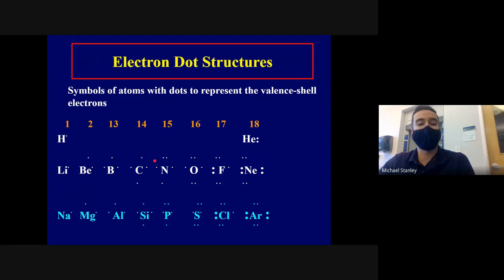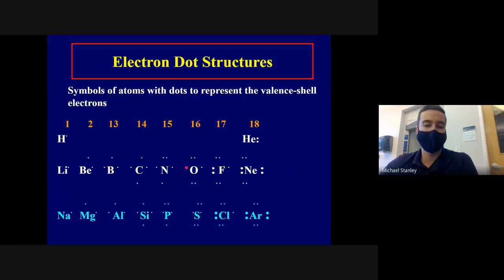This is just another way of showing atoms by showing their valence electrons. I just wanted to show you in case it comes up on a future exam. Like we talked about, carbon has 4 valence electrons, so a carbon dot structure has just 1, 2, 3, 4 little dots on it.